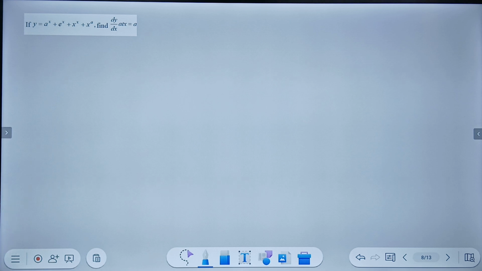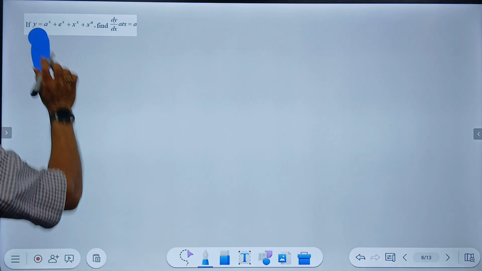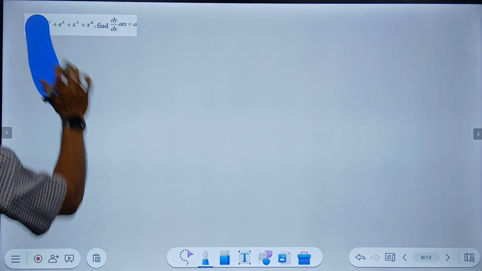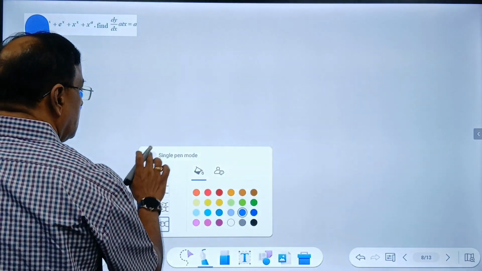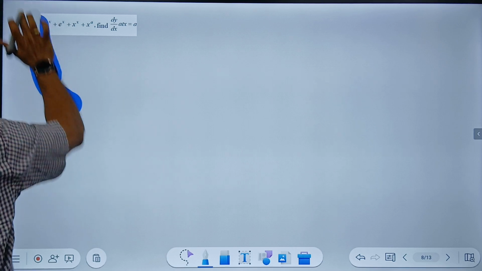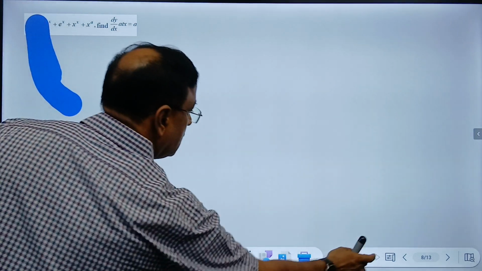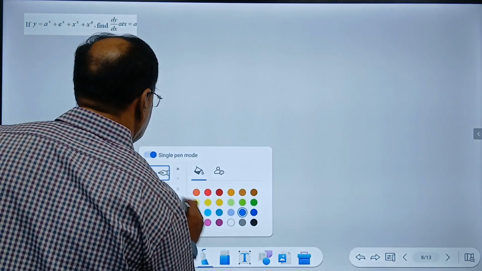Let's go to this problem. This is also a very, very important type of question. Let's see how to do it. Now you have y, I'm sorry. It is not going.